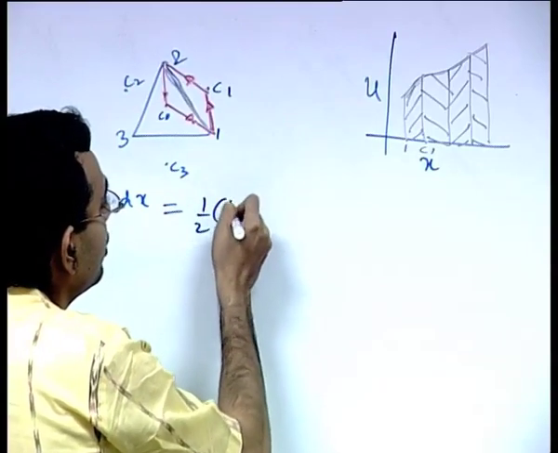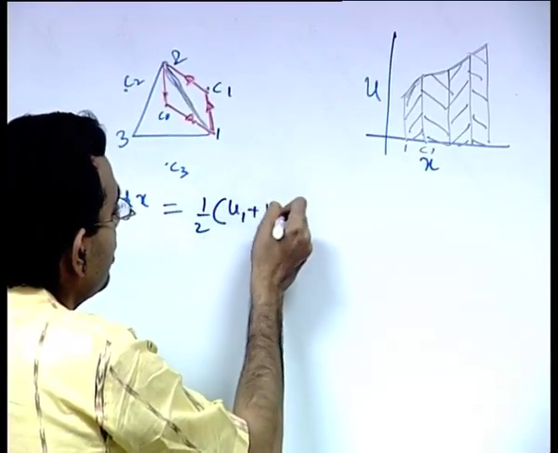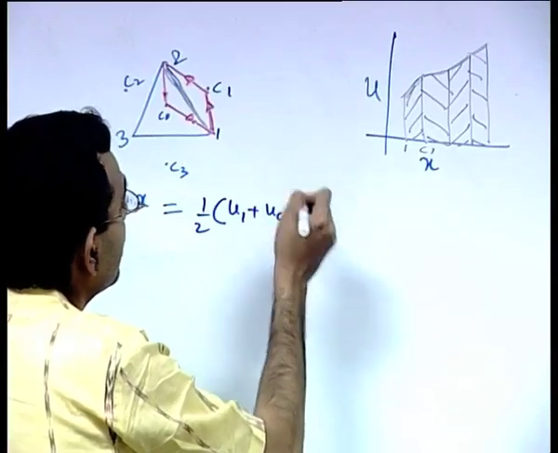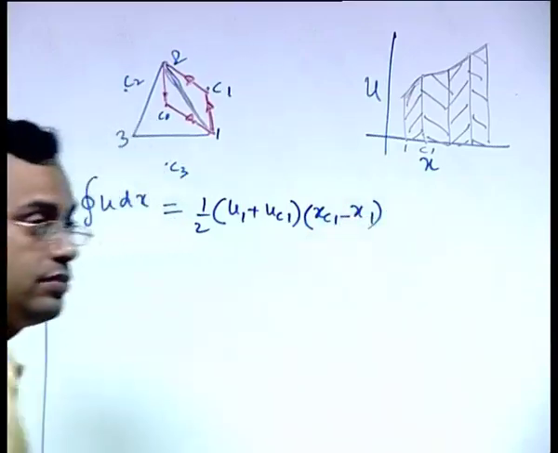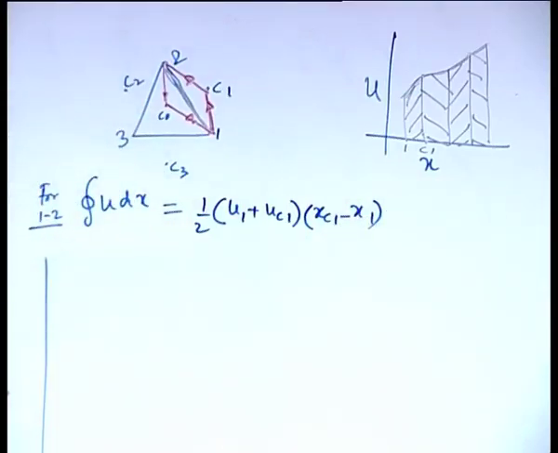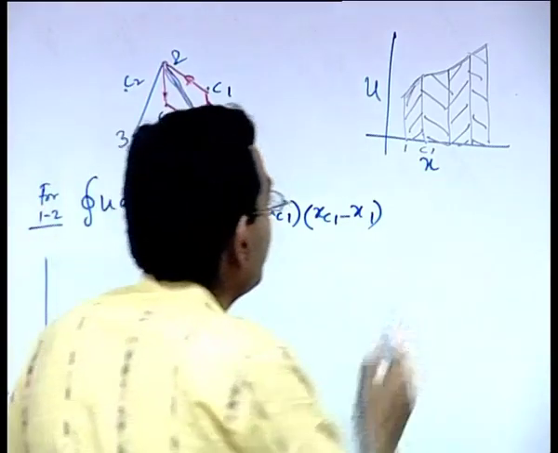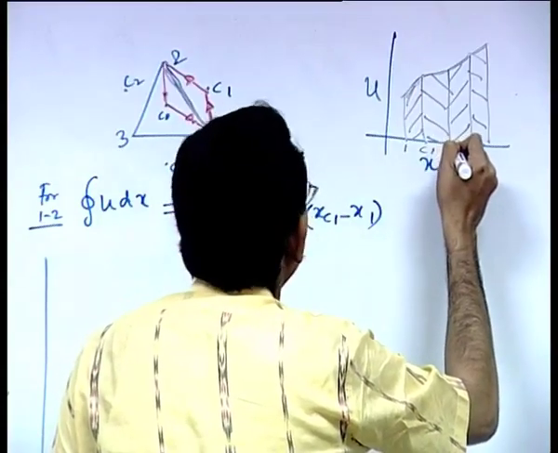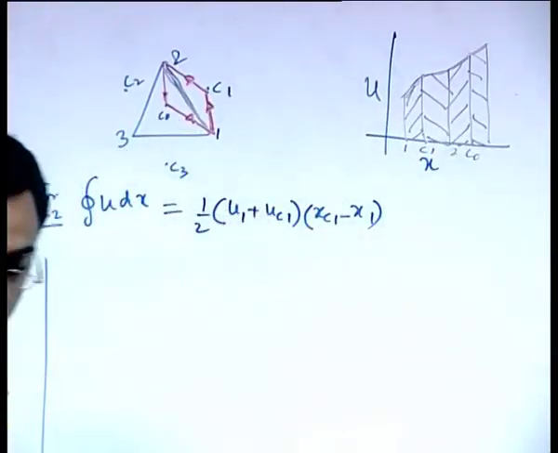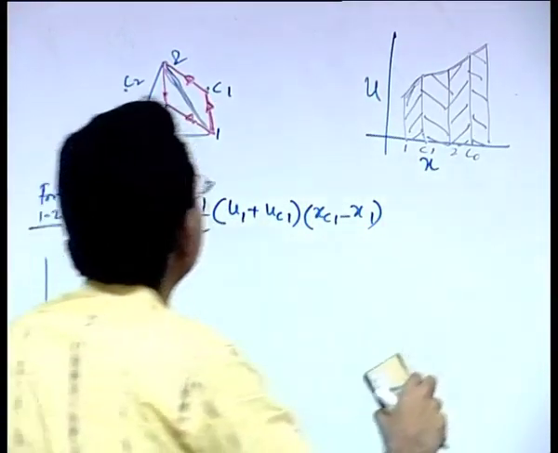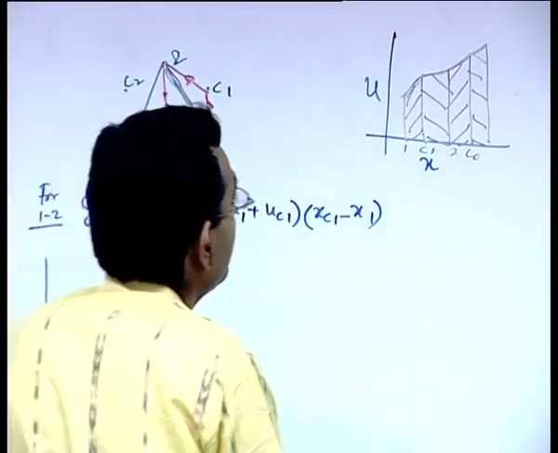Half into U1 plus UC1 into XC1 minus X1, that is the first area. Then after C1 the next point is 2, then the point C0, here there is no other point, and from C0 there is 1.